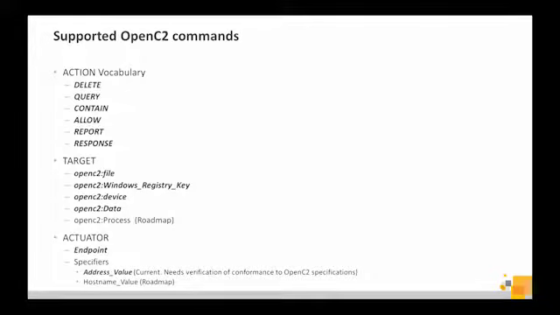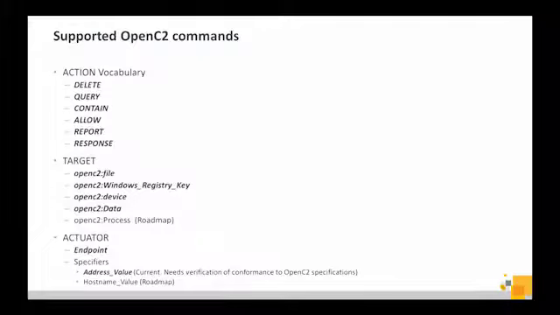And then which targets, file, Windows registry, device, and data. This is on the roadmap. This is to basically whitelist and blacklist processes. I haven't figured out how to talk to it yet. Probably another class I have to take. And then the actuator endpoint. And I had some issues with that as well, because in the spec, again, maybe I'm just ignorant, but I couldn't find a lot of the specifiers for endpoint.